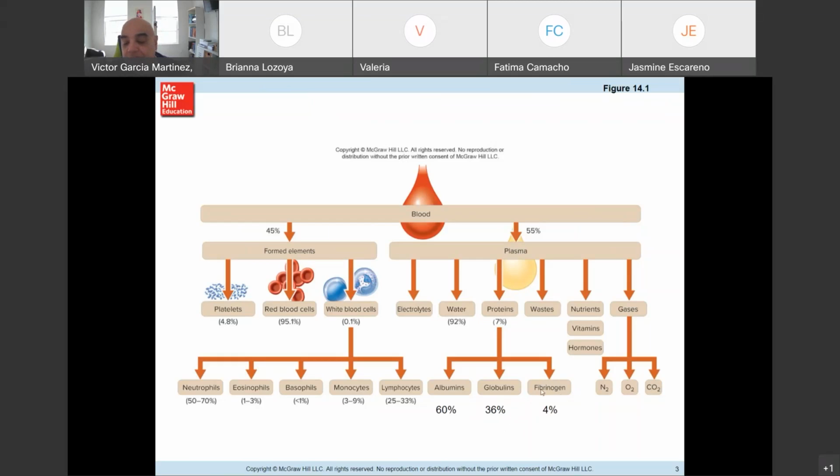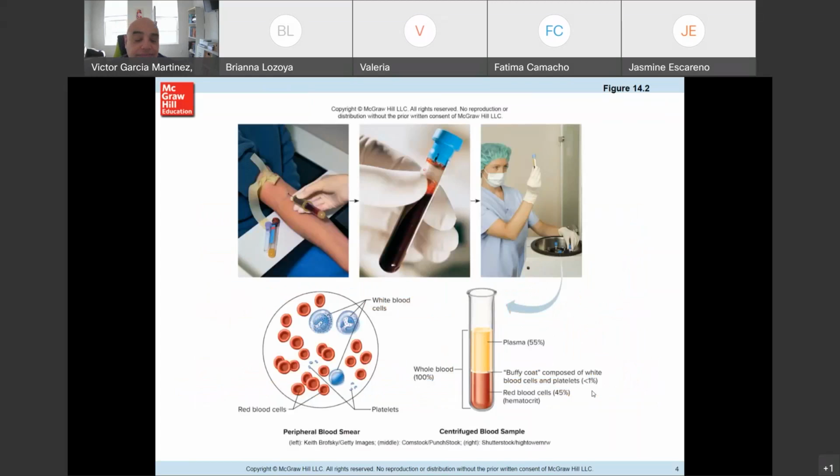The other kind of protein is fibrinogen, which is 4%, and it is necessary for blood clotting. We also have some wastes in our blood. We transport nutrients, vitamins, and hormones, and the main function is the transport of gases, such as oxygen, carbon dioxide, and nitrogen.